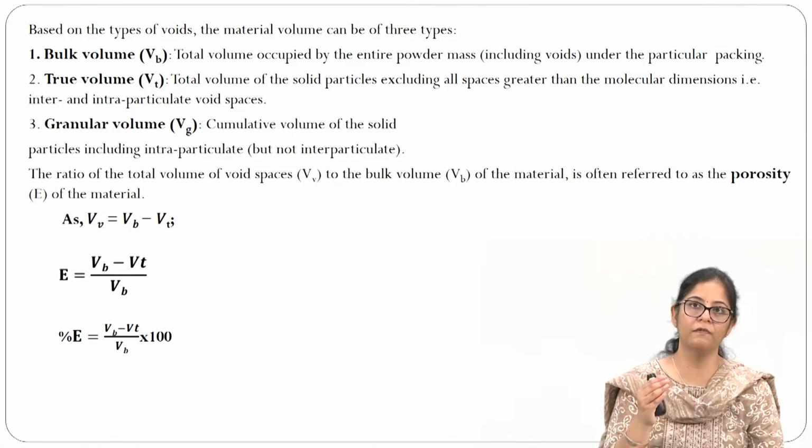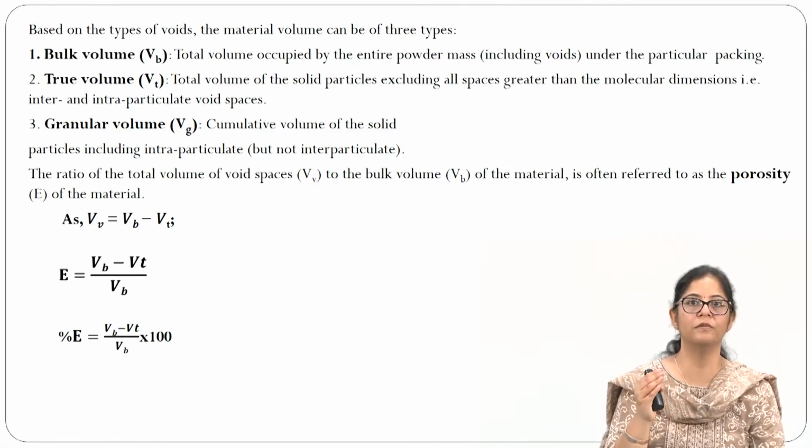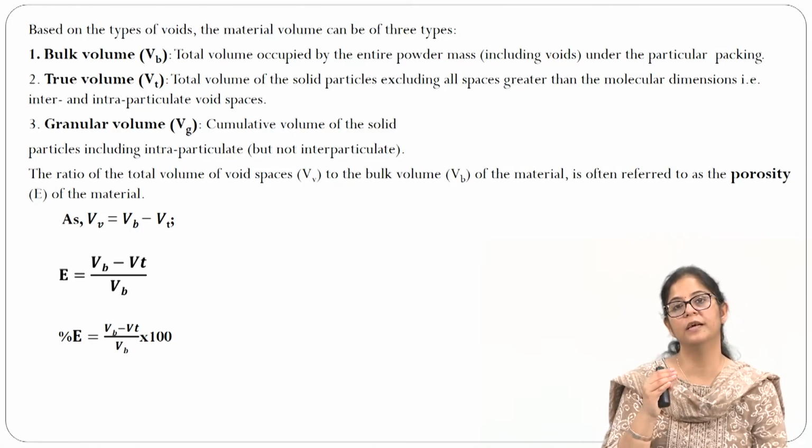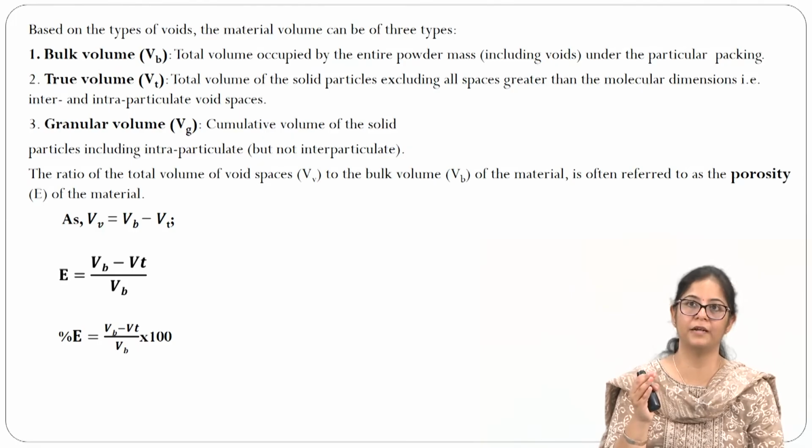Then there is granular volume, which is the cumulative volume of the particles including the intraparticulate void spaces, both closed and open, but it does not include the interparticulate void spaces. So based on that we get three types of volume.